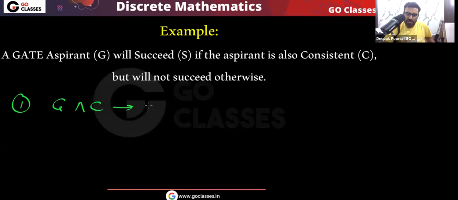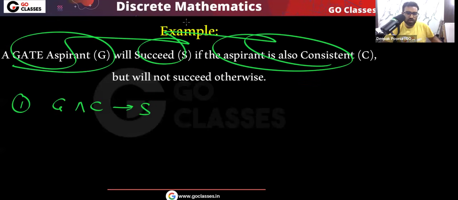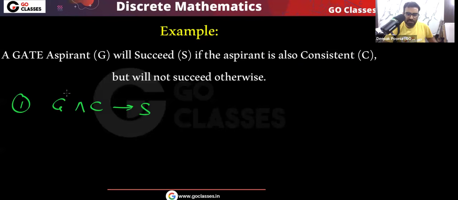Agree? Because read the first statement. I'm saying a GATE aspirant will succeed if the aspirant is also consistent. Means if you are a GATE aspirant and also consistent, then you will succeed. This is the first line. But means and. We already know, but means and.